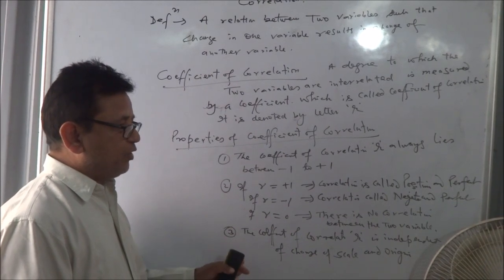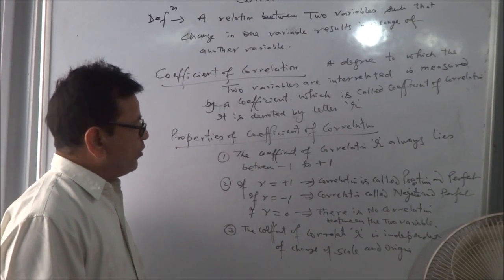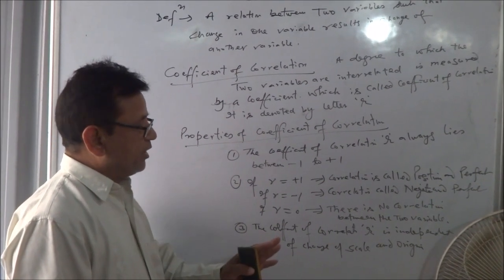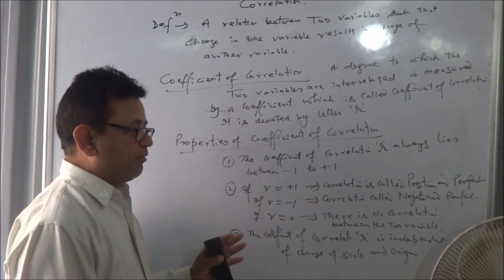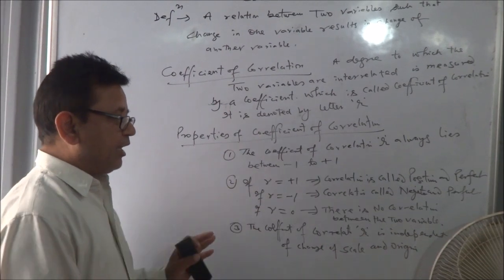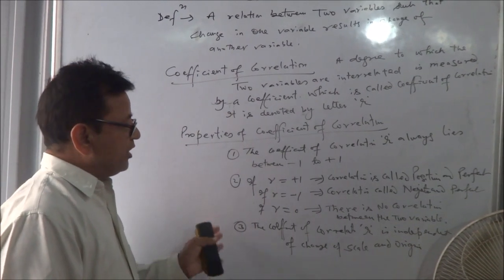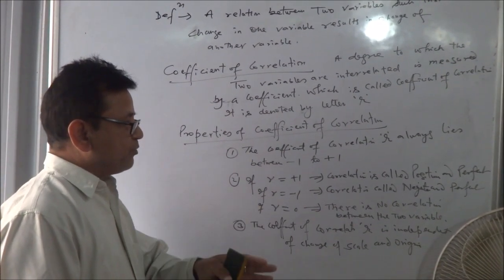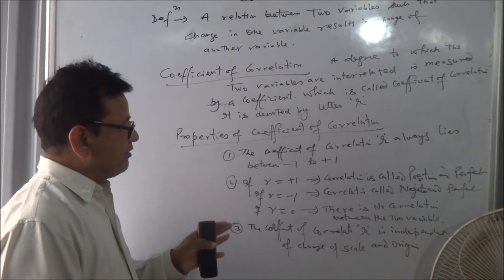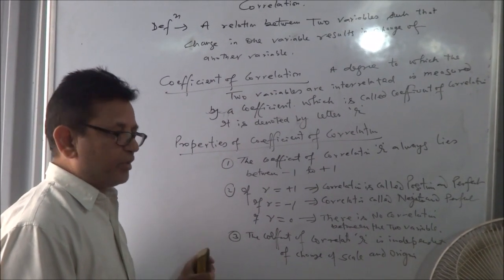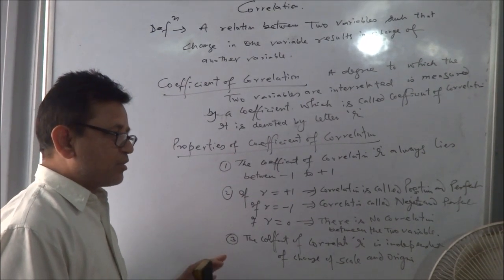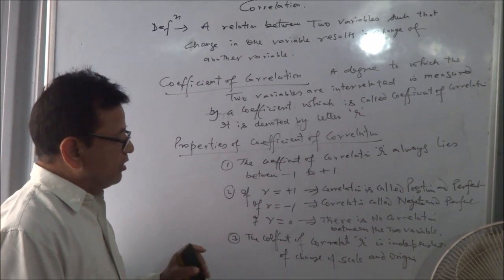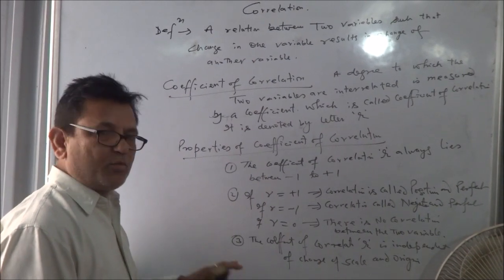If the value of r is more than 0.9 or less than -0.9, the correlation is called a very high level of correlation. If r lies between 0.75 and 0.9, it is called a sufficiently high degree of correlation. If r lies between 0.6 and 0.75, it is a moderate degree of correlation.